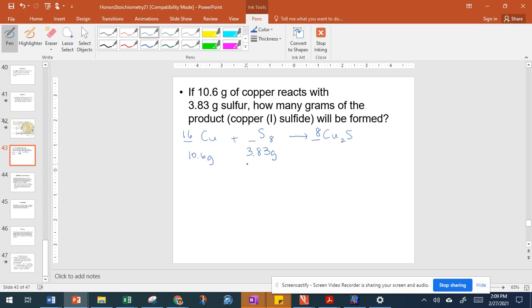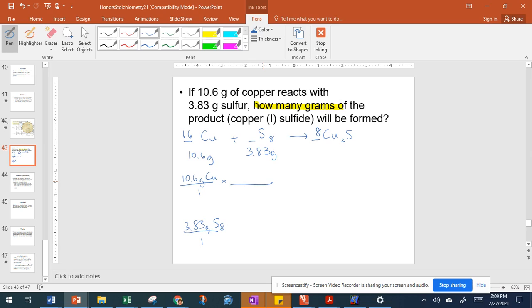So we're going to take each of these reactants to the product, and since we're being asked for grams of our product, I'm going to solve for grams of copper 1 sulfide for each of our different reactants. We have 10.6 grams of copper and 3.83 grams of sulfur.